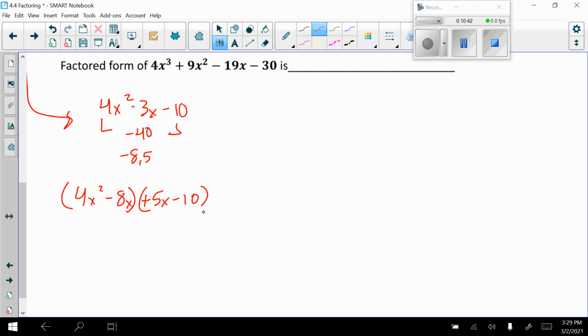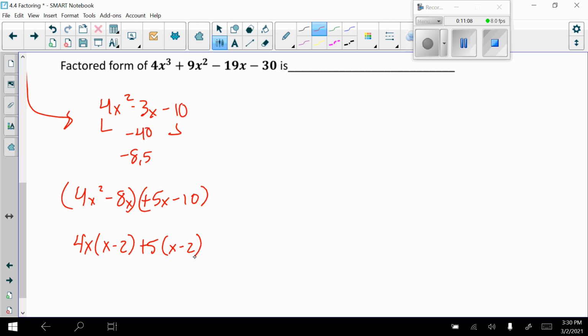So into grouping, I can divide a 2x out of this piece. 2x minus 4. Actually, I could divide more than that, right? I could divide 4x out of that. That would get me x minus 2. There we go. And if I want to divide something out of here to make it match x minus 2, I just need to take out 5.